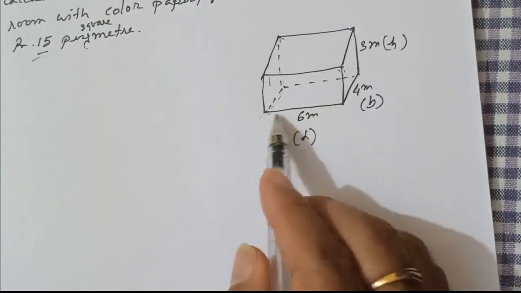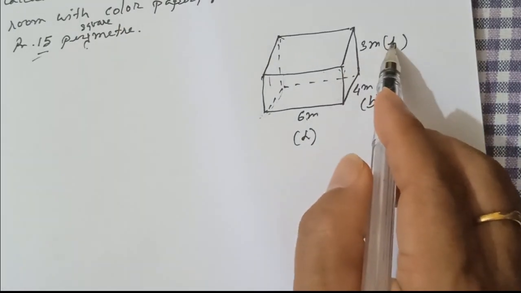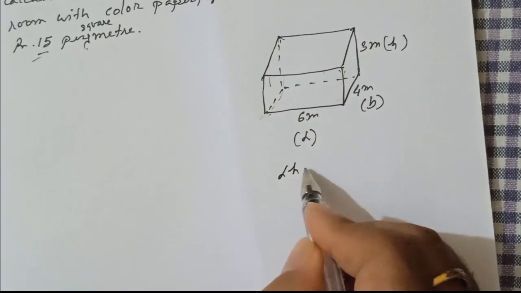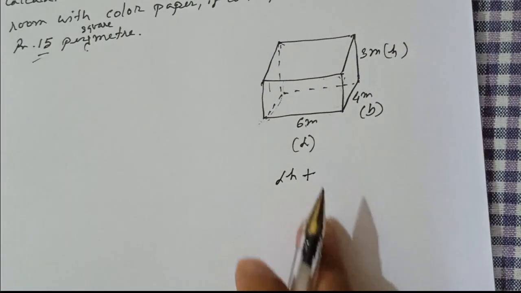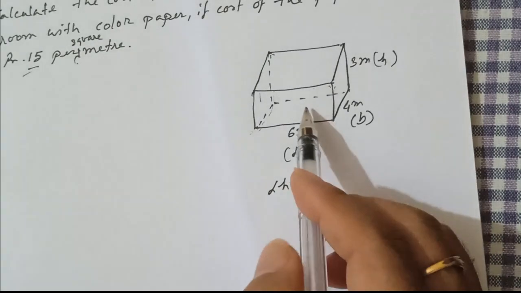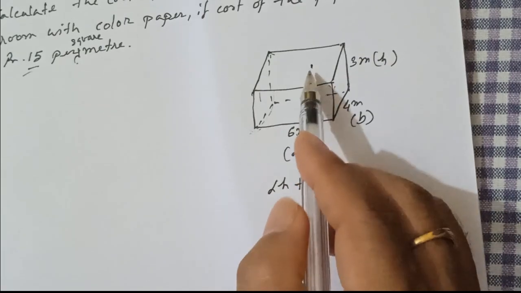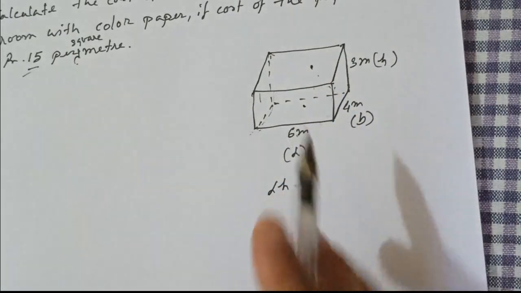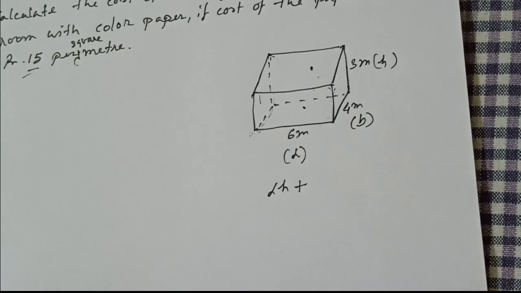It is length L into height H. This is length into height, and this is also length into height, because these two walls are similar, both are the same. Opposite walls are of similar size.